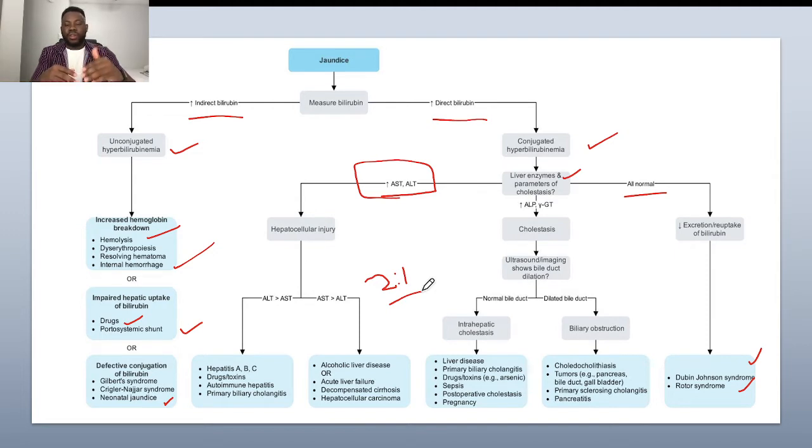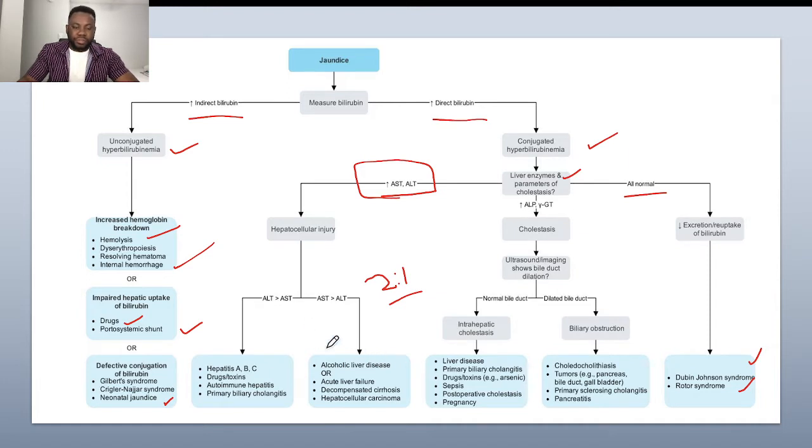So when you have alcoholic liver cirrhosis, the alcohol is able to destroy both the mitochondrial membrane to release more AST and also destroy the hepatocyte outer cell membrane. So it also releases your ALT out. So 2 sources of ALT makes the ratio 2:1. So take note of that.